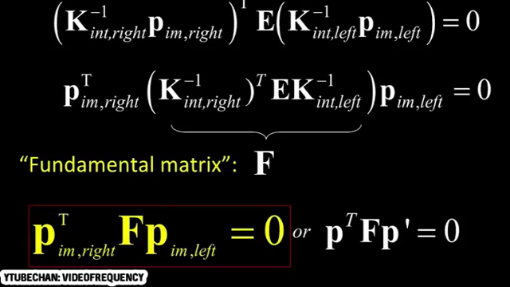That is the fundamental matrix constraint. That's what's going to allow us to solve for the relationship between one view and another. Given enough points that correspond, enough P and P primes that correspond, we're going to be able to solve for F. And once we do that, we know what relates the two images. It's the relationship between the points.